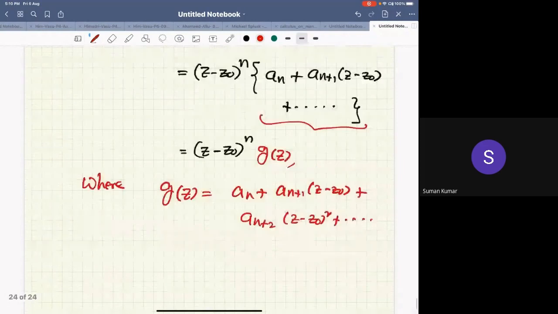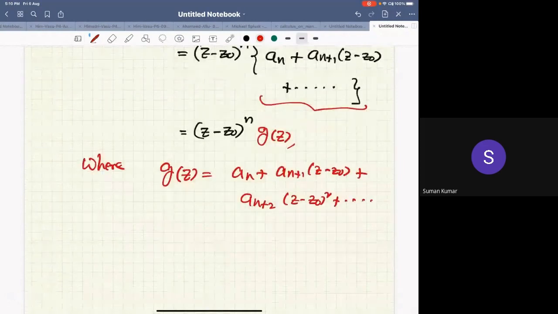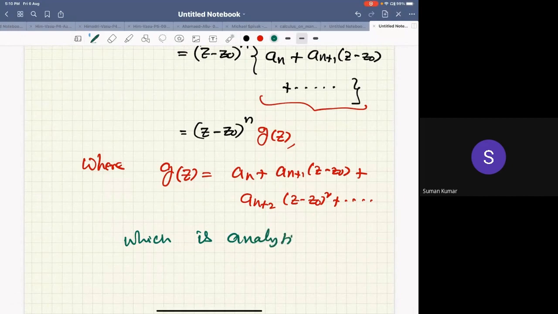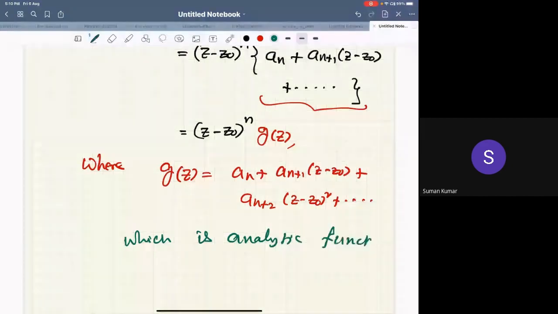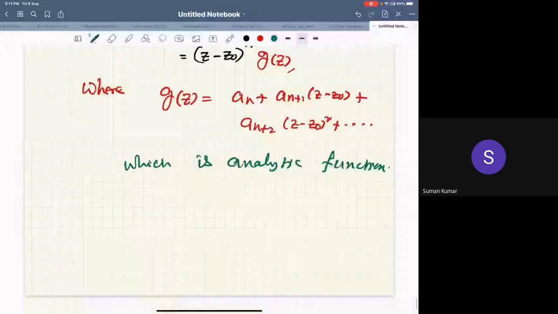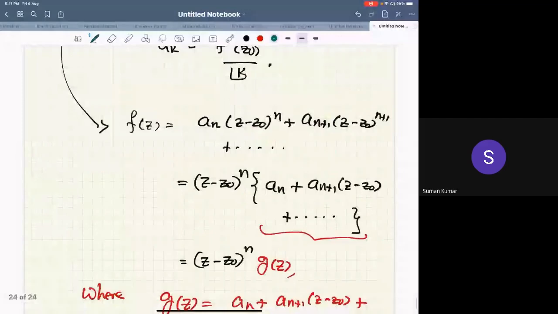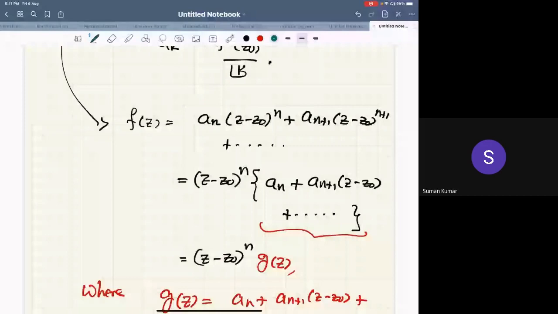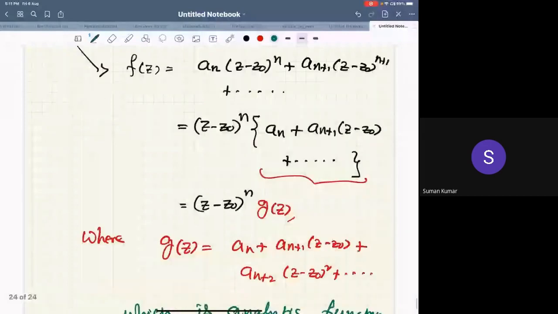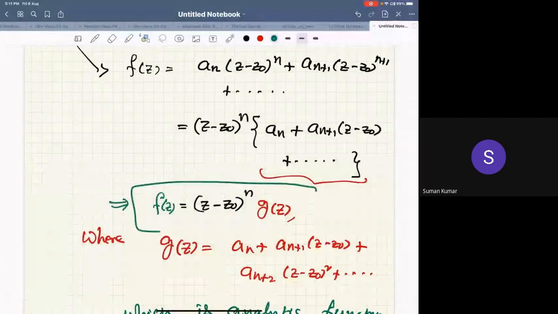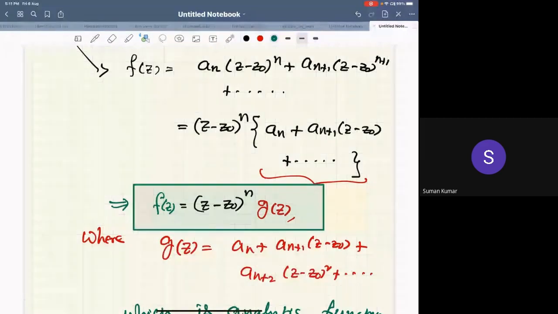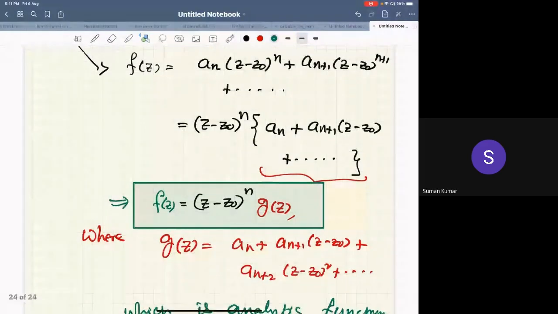So now clearly this g is an analytic function. Therefore, if f has a zero of order n at a point z0, I can always write my f of z as z minus z0 whole to the power of n into g of z, where g is an analytic function.